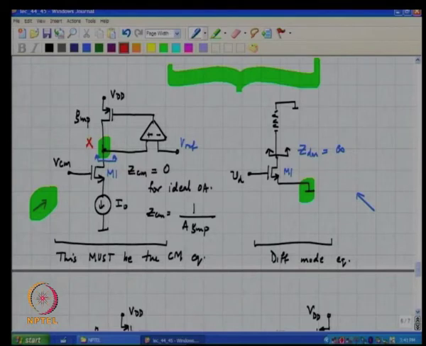We are supposed to sense the common mode potential at node X and tweak the gate of the load transistor, alright, so that the common mode voltage at node X is exactly equal to the reference, right.